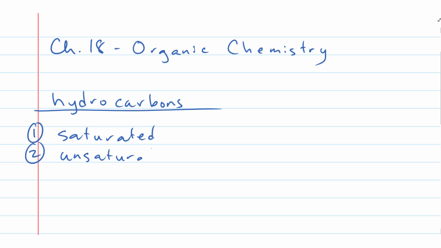And if it's unsaturated, then it could either have a carbon-to-carbon double bond, like this has, or a carbon-to-carbon triple bond, like this one has here. So unsaturated hydrocarbons could have carbon-to-carbon double bonds or carbon-to-carbon triple bonds. This one as well is unsaturated because it has carbon-to-carbon double bonds present in the molecule.